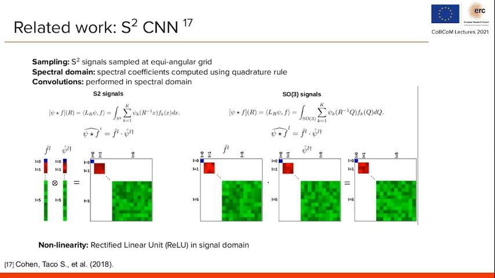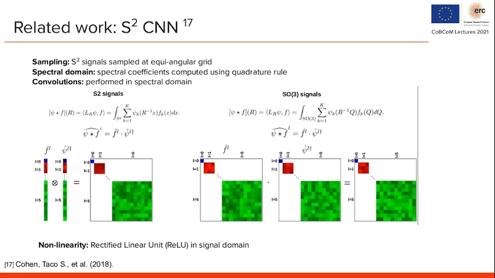The model takes as input S2 signals sampled at equiangular grids, which are transformed to the spectral domain using the corresponding quadrature formula. In the first convolutional layer, convolution between signals and kernels is performed as a simple outer product of corresponding spectral coefficients, as illustrated in the figure on the left. Resulting coefficients correspond to spectral coefficients of SO3 feature maps.